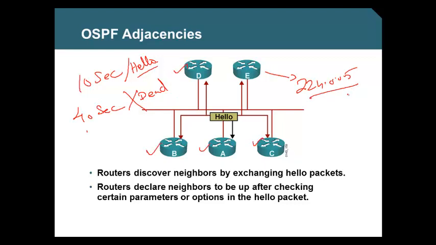This address is not the address of B, A, C, D, but B, A, C, D can hear the hello sent to this address because they also run OSPF. Whoever runs OSPF can hear the voice of other OSPF because they all use one common frequency, 224.0.0.5.